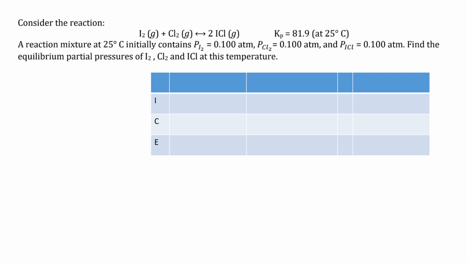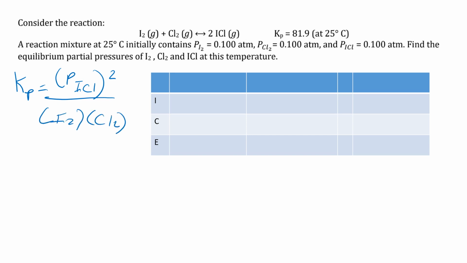First we have to figure out what is my K, what is that expression, or Kp because it's pressures. So Kp equals P of ICl squared over P of I2 times P of Cl2.